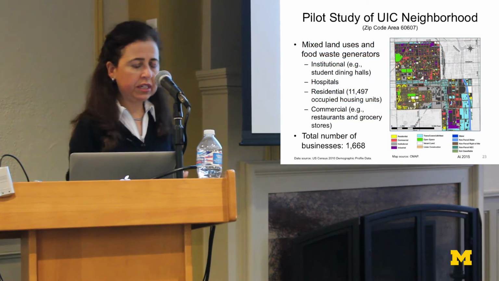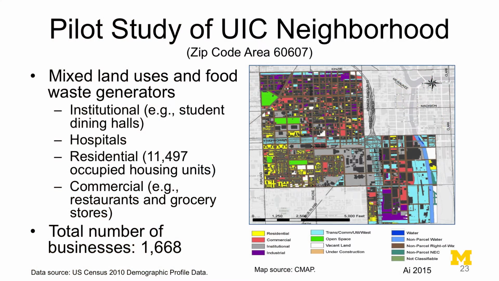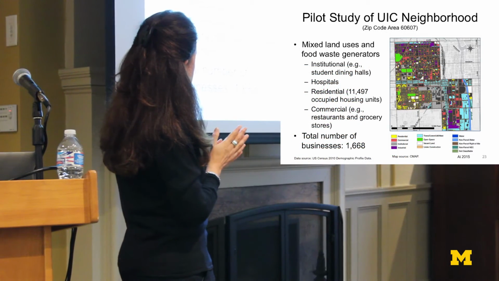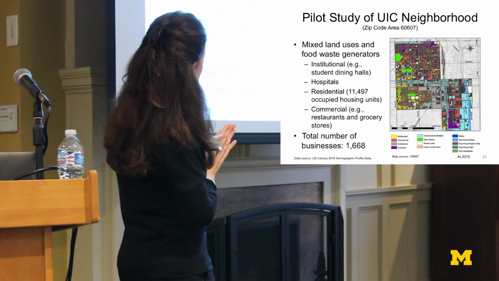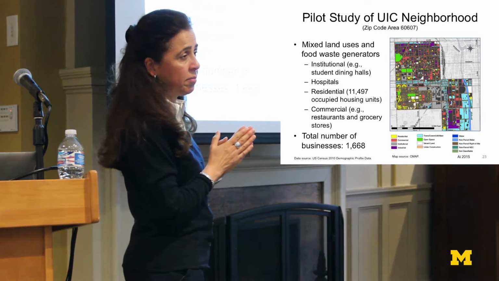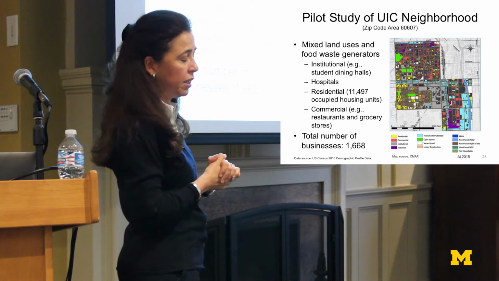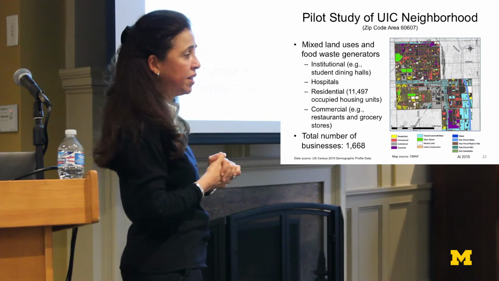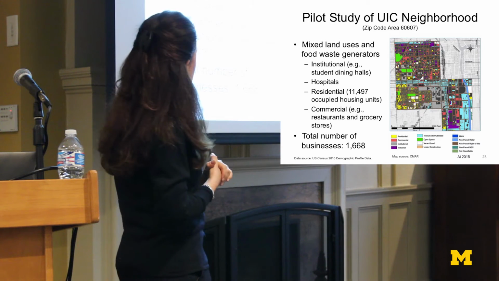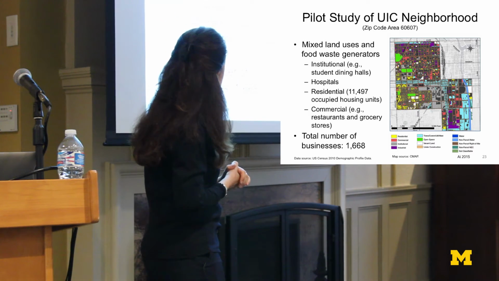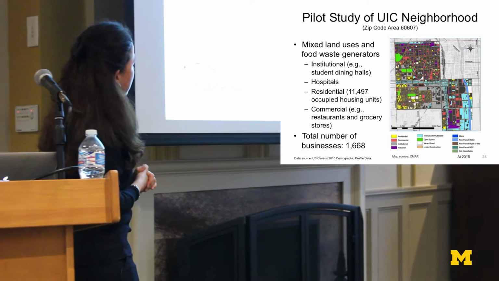And she did quite a bit of manual work. Somebody yesterday asked me, where does this data come from? Well, a lot of the data comes from manually looking through Google Maps and extracting all of this data. There's not much more that can be done regarding this.